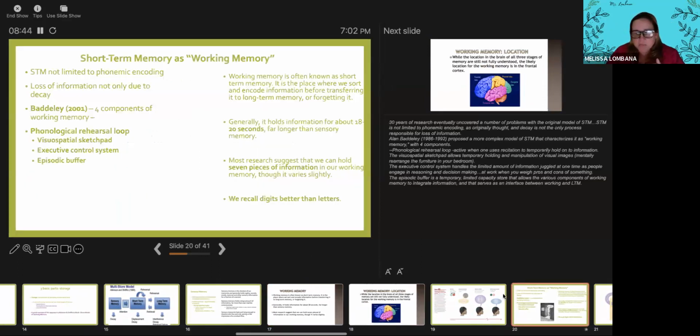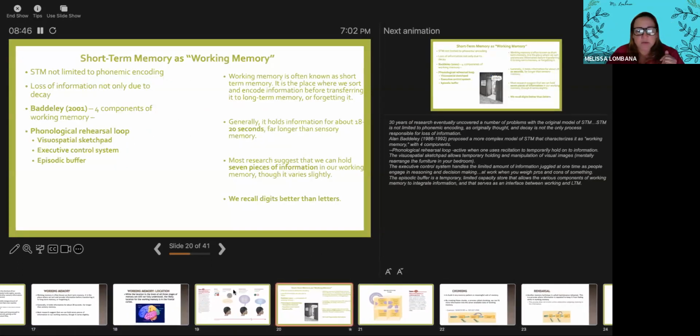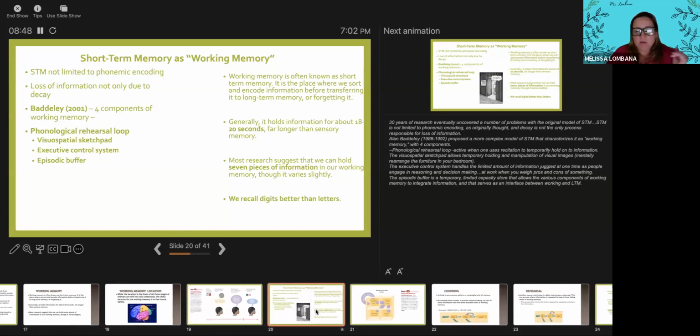Okay, now I want to talk a little bit about the characteristics of short-term memory, because when this model started, it was kind of like, okay, that's how it went. And then all of a sudden they started doing more research and realizing that, wait a minute, there's more to this short-term memory than what we're talking about. And one of them is this guy, Baddeley, in 2001.